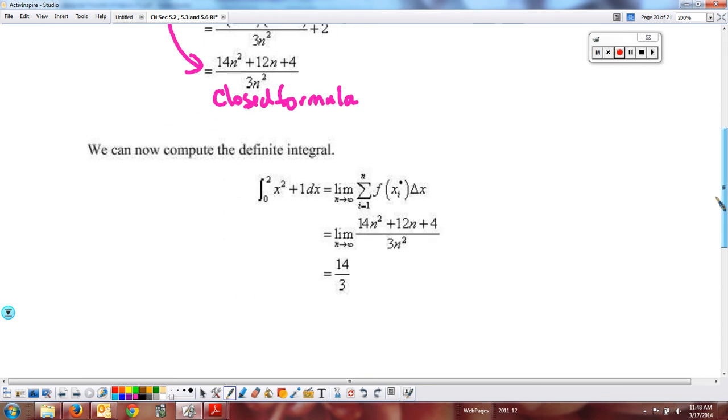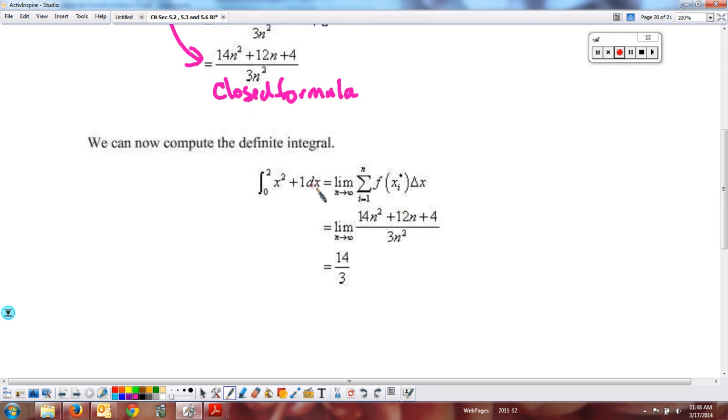So we want to calculate our definite integral. We're going to take the limit, and the sum, since it evaluated to this, means I'm going to take the limit of a nice rational function. If you remember, when we do rational functions, you only have to worry about the leading coefficients, and here they have the same degree. They cancel out. Our limit is going to be 14/3.